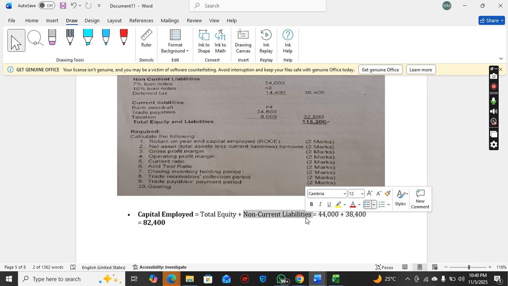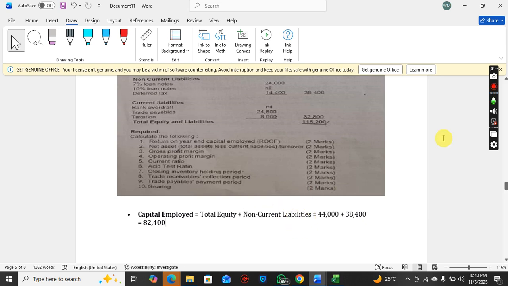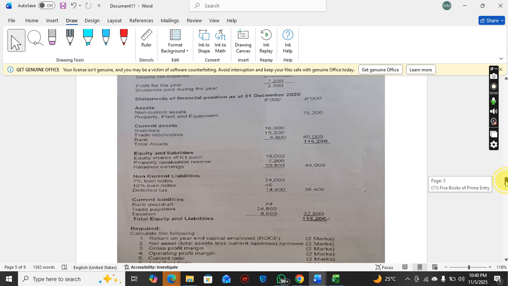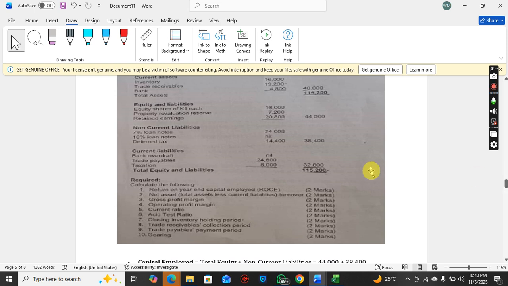Okay, yes. So we look in our balance sheet. You look at the equity section, total equity 44,000 here. Total non-current liabilities 38,400.